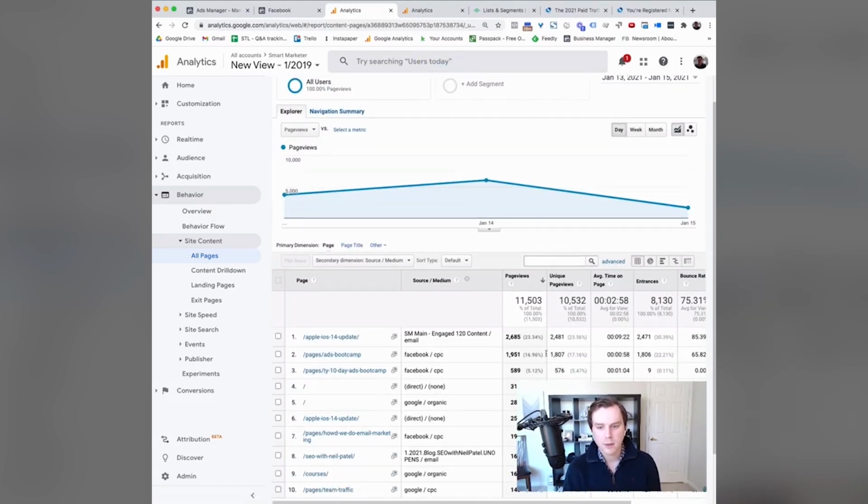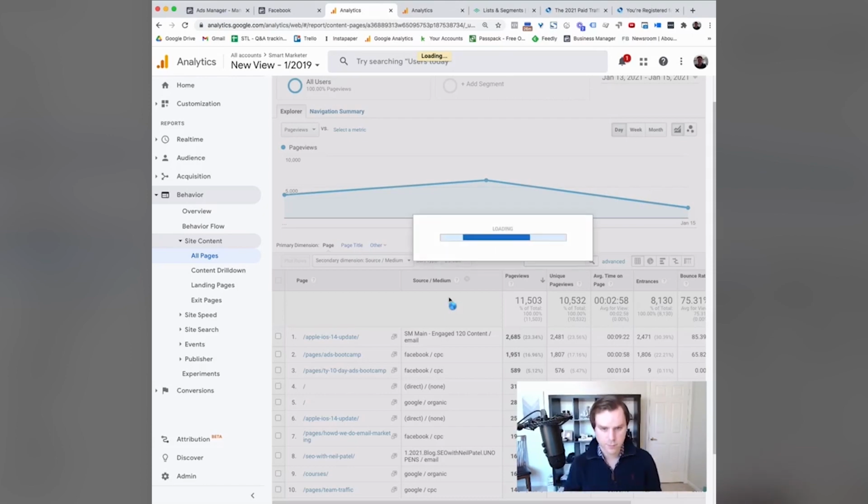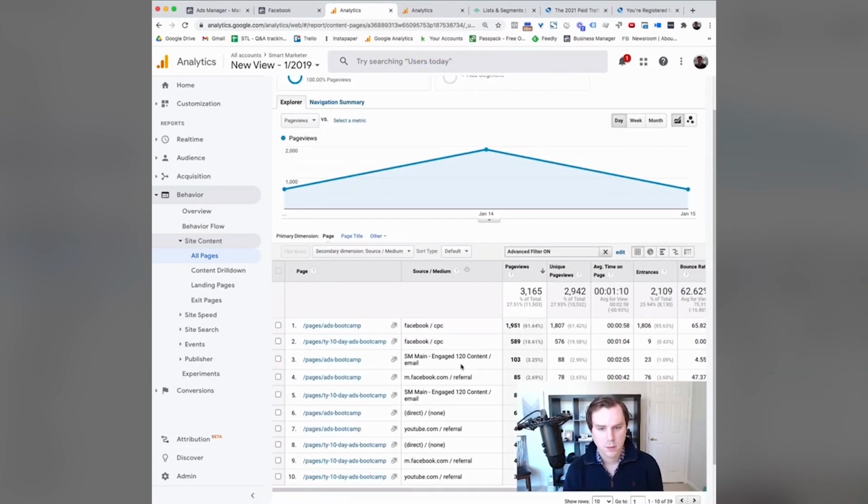But I can go in and tell you that, okay, the Facebook conversion rate is, actually, let me filter this to only include the Ads Bootcamp pages. So a few people actually did get here from email. And that actually makes sense because we emailed out a blog post that linked to the opt-in page, but it's a very small percentage of the traffic.